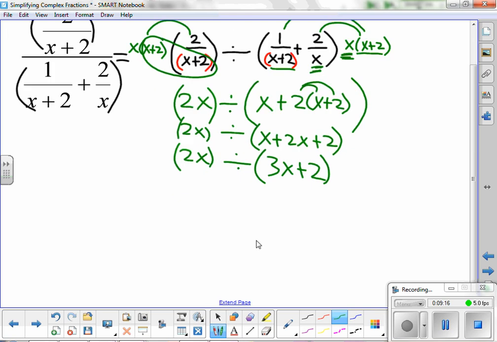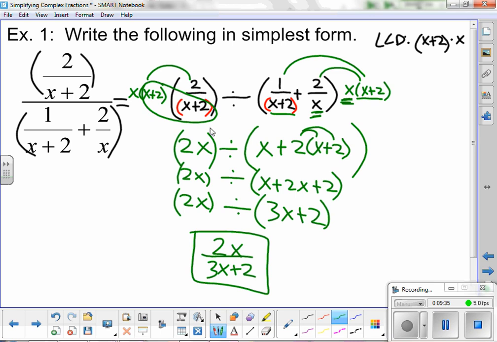So now you just have 2x divided by 3x plus 4. That's it. Nothing factors out, so make sure that if you can factor something, factor it to see if it's equivalent to 1 with something on the top. All right. So yeah, this is another method that you could use to do this.